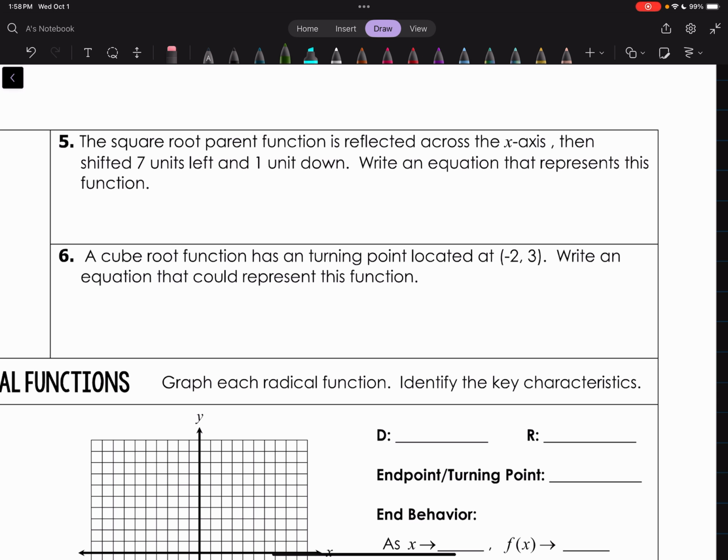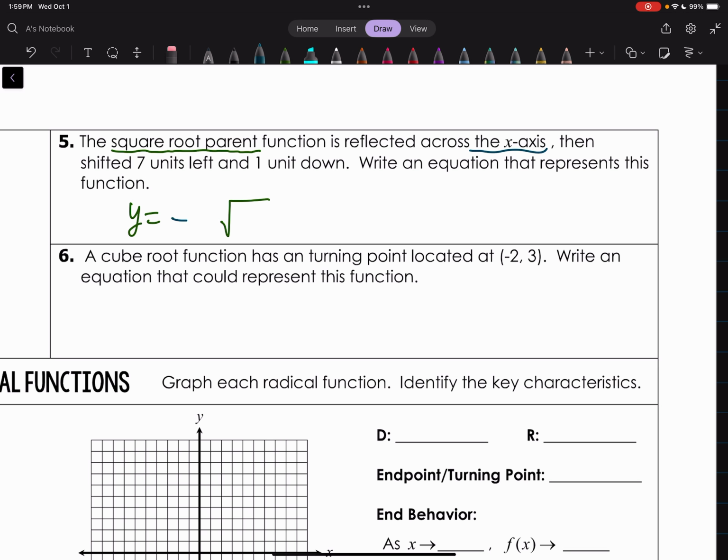The square root parent function is reflected across the x-axis, shifted 7 units left, 1 unit down. Write the equation. All right, square root parent function. Y equals square root. All right, it is reflected across the x-axis.